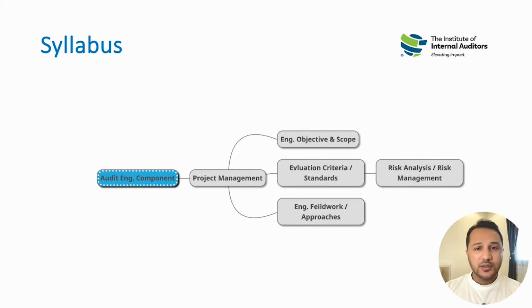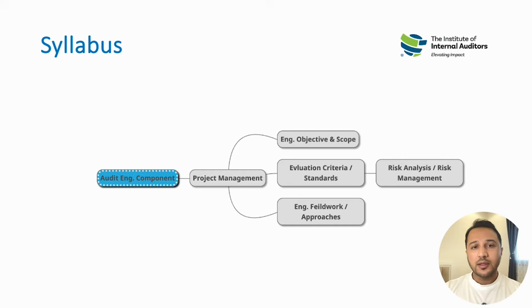It is interesting to know that in this CIA Unit 2, we will be covering the key components of audit engagement. The sequence might not be exactly as depicted here in the picture, but it is just to give you an overall understanding of how things logically move side by side within the unit.